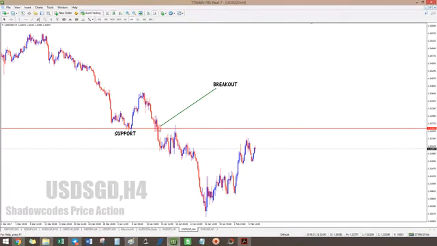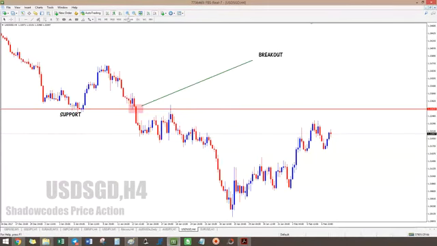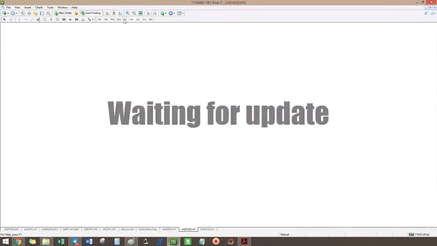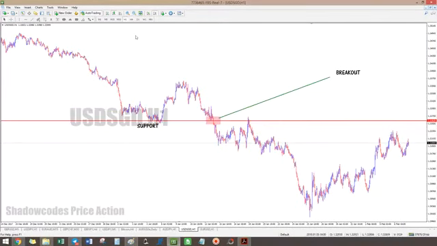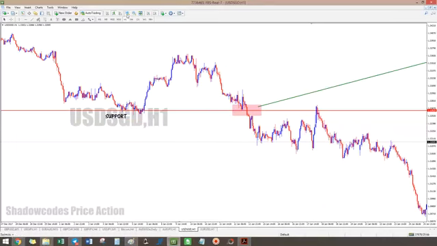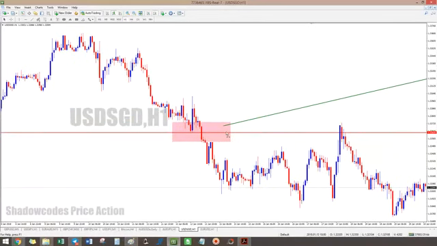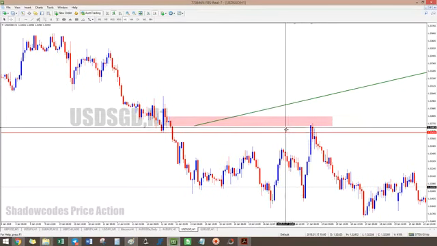What is in here when it breaks? Let's zoom in. You see a base over here? This is one of the advanced setups.